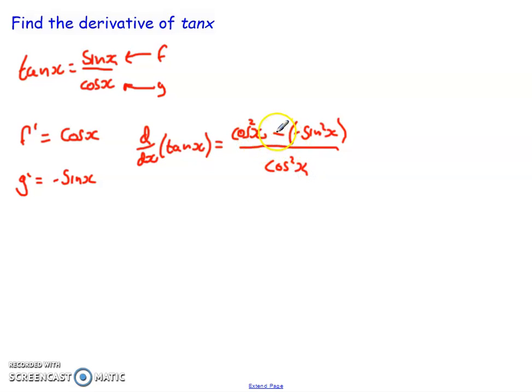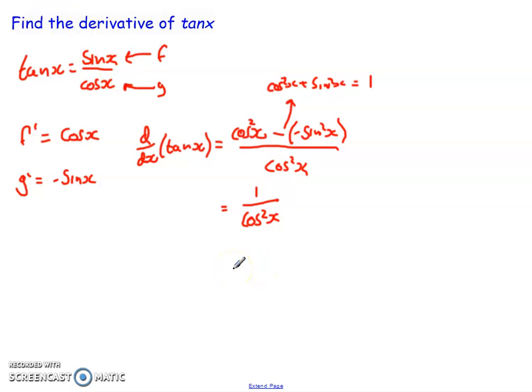Now this bit here on the top, minus minus becomes a plus, so that gives me cos squared x plus sine squared x. And at this stage of your mathematical career, I'd hope by now you remember that cos squared plus sine squared is equal to 1. So what that then gives me is 1 over cos squared x.